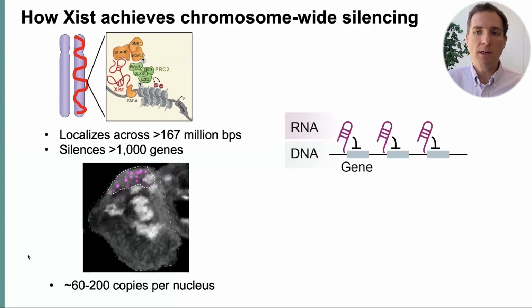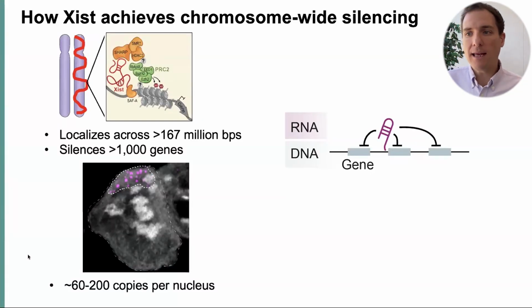That would mean that one copy of Xist would localize and silence roughly 2 million bases of DNA, or more than a dozen different genes simultaneously. So how can an RNA that can't possibly be localized at all of the genes it will silence act to deterministically silence each of these genes?